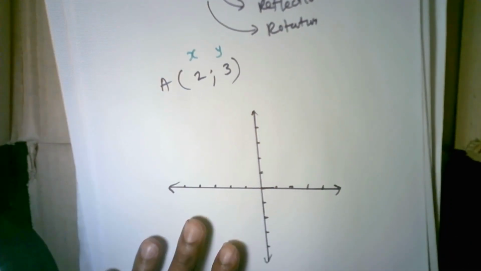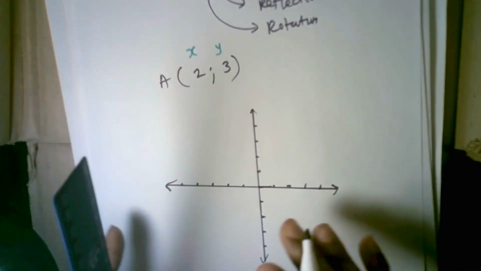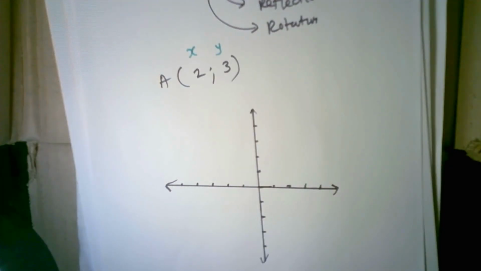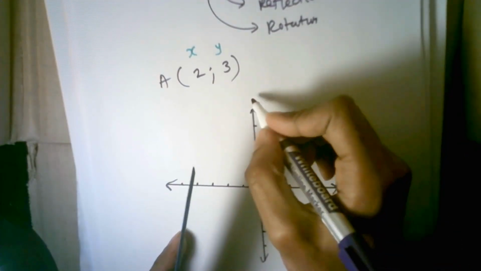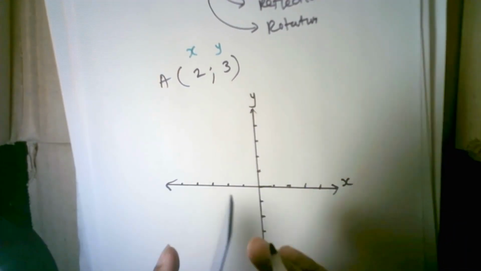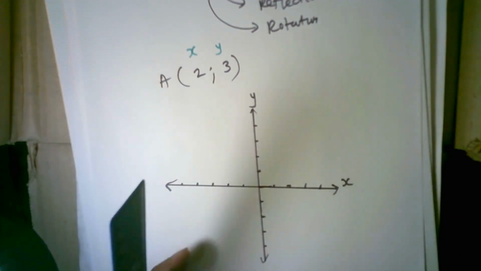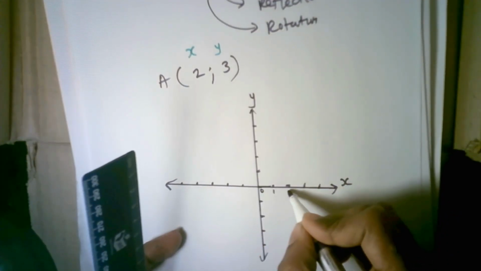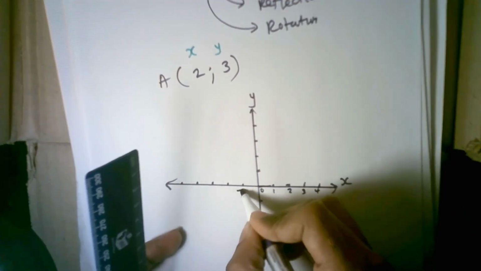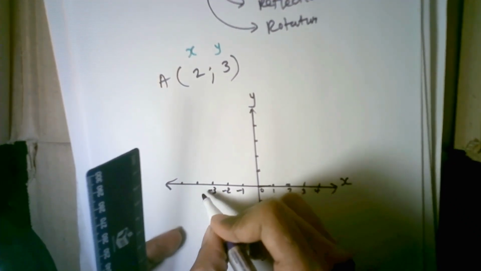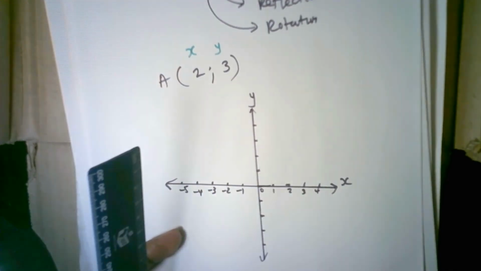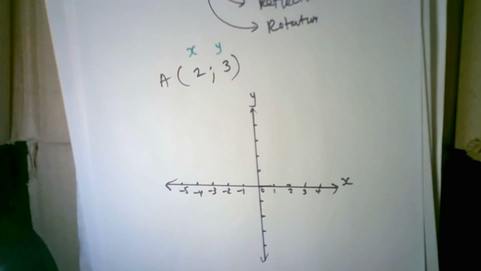Yeah, my line is a bit skewed there because I turned the page a bit, but your graph should look much neater than mine, hopefully. And let's say this is 0, 1, 2, 3, 4, -1, -2, -3, -4, -5.